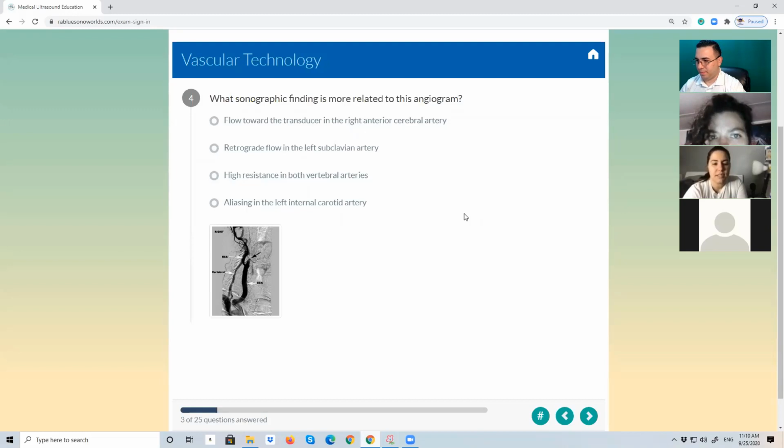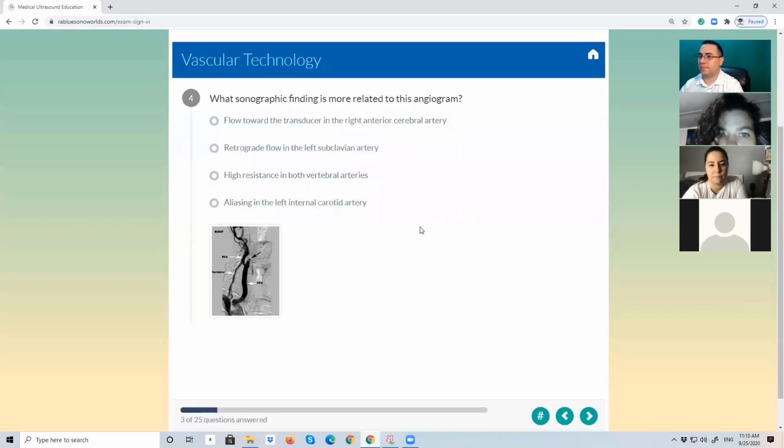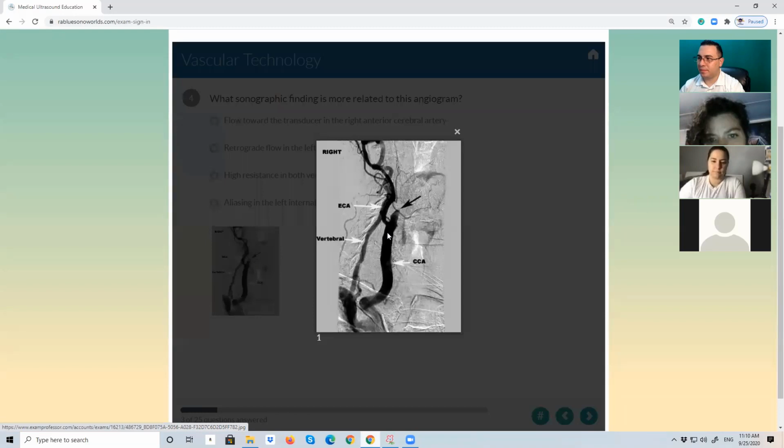So in this case, you're going to look at the image, try to figure out what's wrong, and then try to picture what would happen in the circulation considering what's wrong. Aliasing in the left ICA. So in this case, what do you think is wrong with the image? The right ICA is occluded.